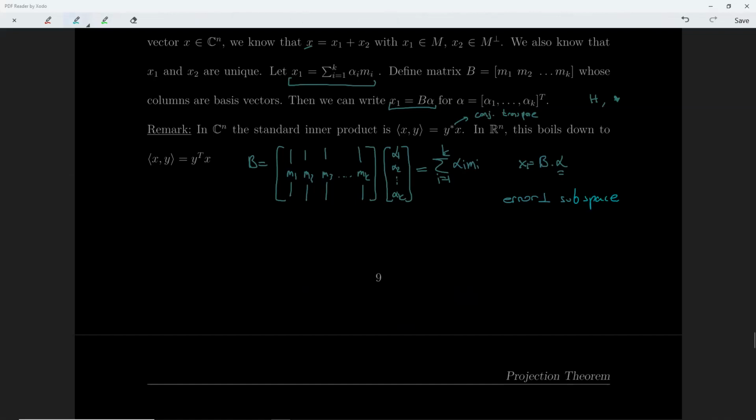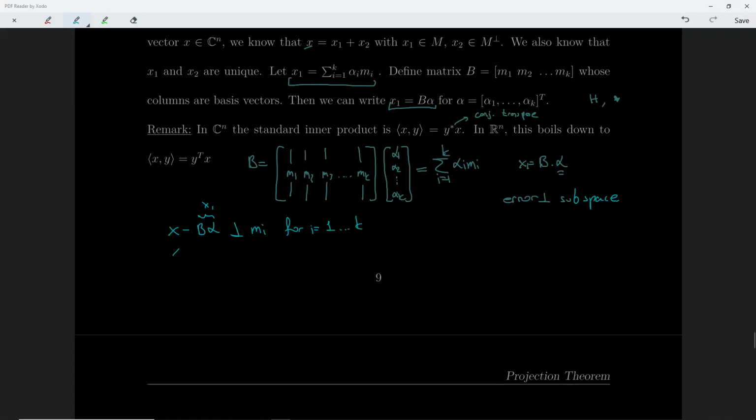Okay, so the error will be simply equal to x minus B times alpha, which was x1 if you remember, and that will be perpendicular to the vectors mi for i equal to 1 to k.